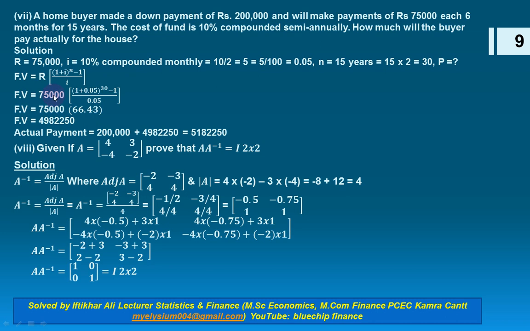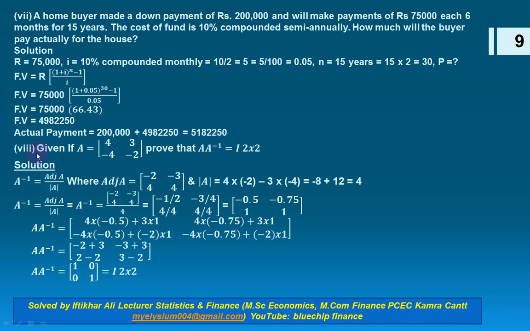Now just put the values in the formula, and we can get the future value, which is 498250, and 200,000 is paid at the start of the time period. So the total amount will be 518250.